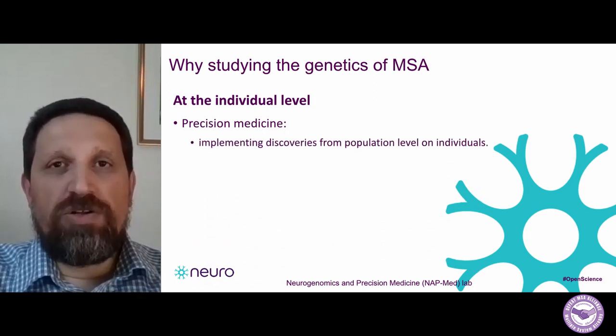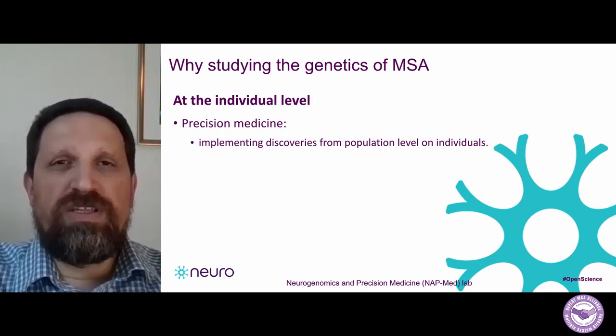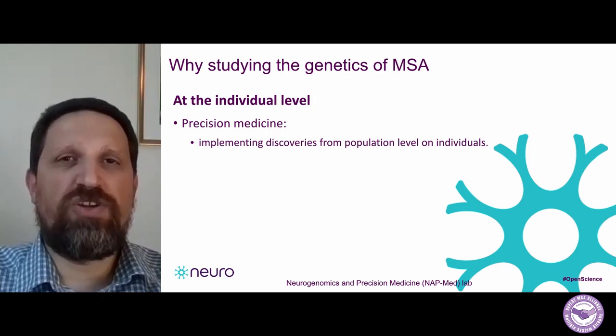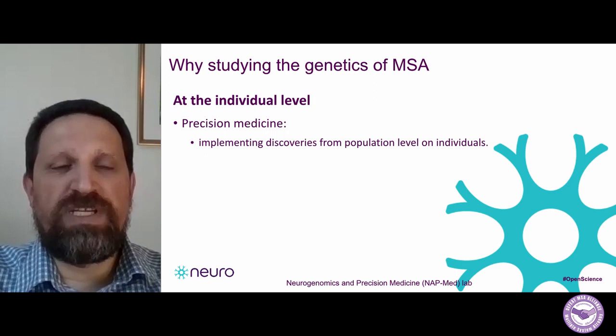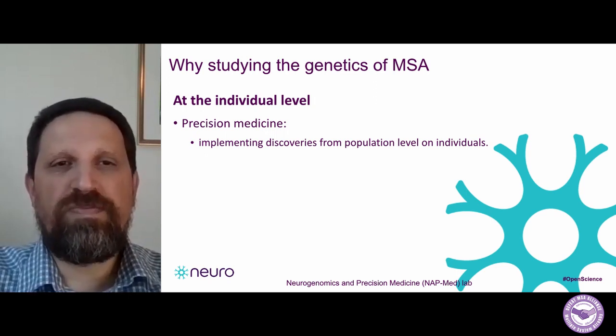And that can be done also by using genetics. We can identify different mutations, different genes that are specifically important in specific individuals and tailor treatments based on that. And I will give you an example from Parkinson's disease soon.